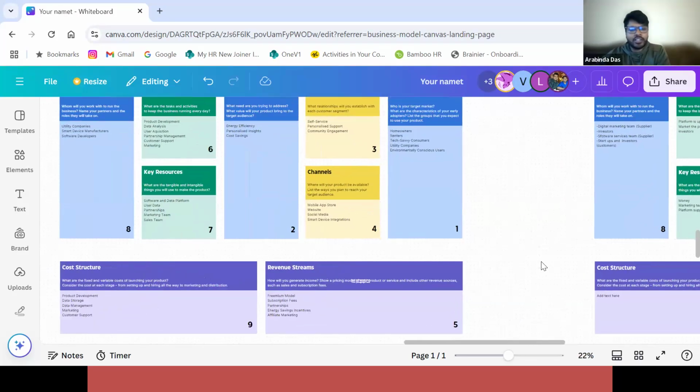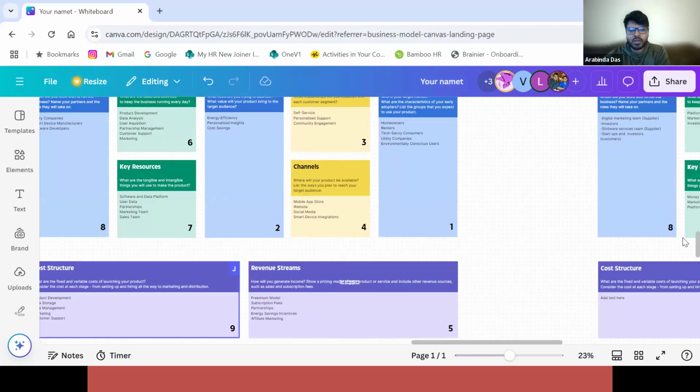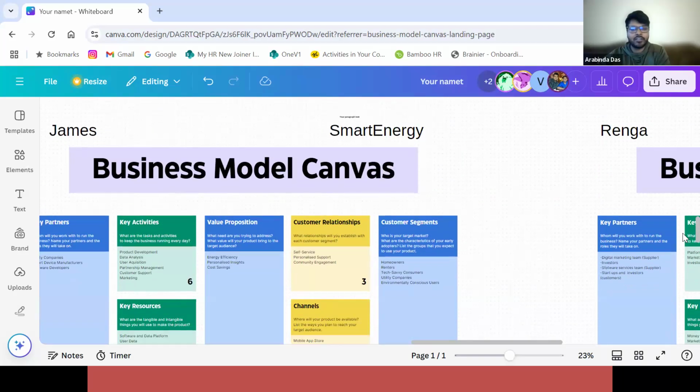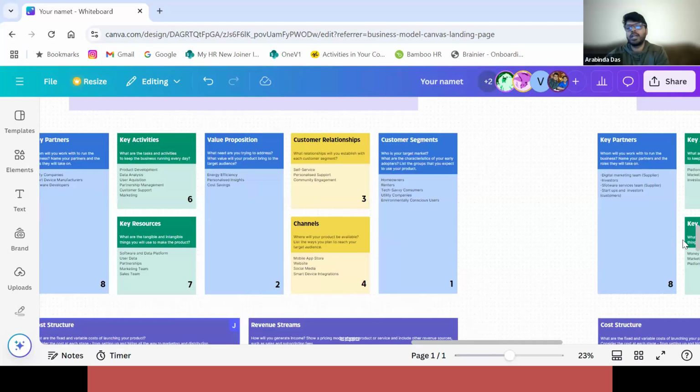Going to James's business model: he had smart energy. He wanted energy efficiency and cost savings for customers, with a goal of 10% household efficiency. He broke down the customer segments into homeowners, renters, tech-savvy consumers, utility and environmentally conscious users.